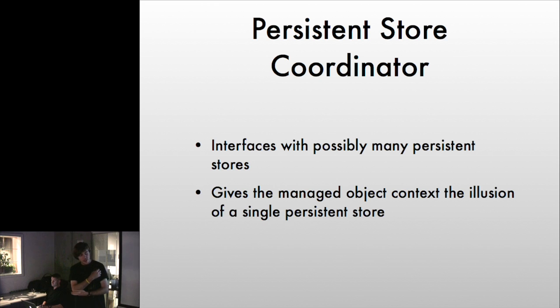Potentially one persistent store coordinator will interface with several persistent stores. It's going to depend on how Core Data decides to actually write your files out to disk. But it presents to the managed object context the illusion of one contiguous, coherent, consistent store of data, but it may actually be fragmented and broken up into different files depending on how the model is defined.